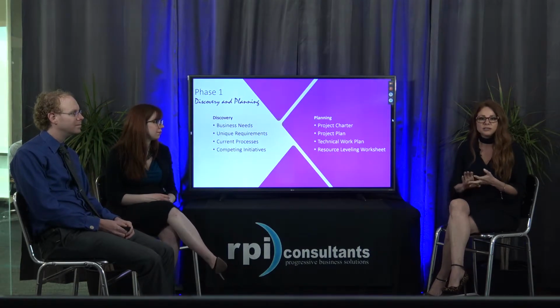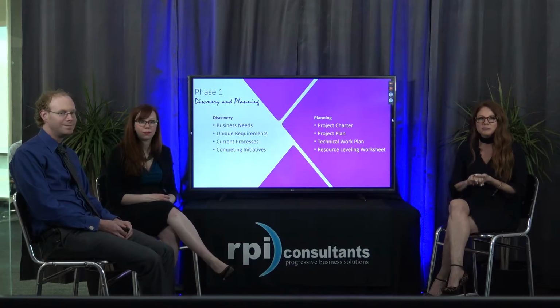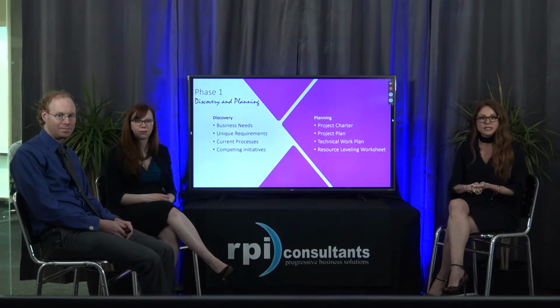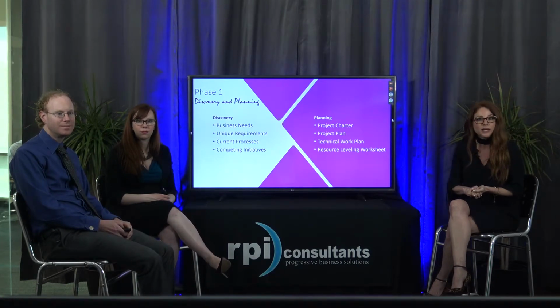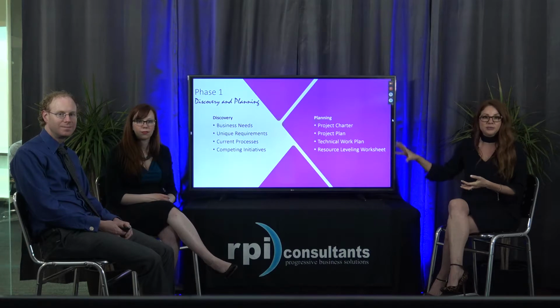So the places that are not efficient right now, the places that you're still using spreadsheets, paper, processes that you know could be better, but they're not because that's the way they've always done it, so you continue to do it that way. These all come out through discovery.